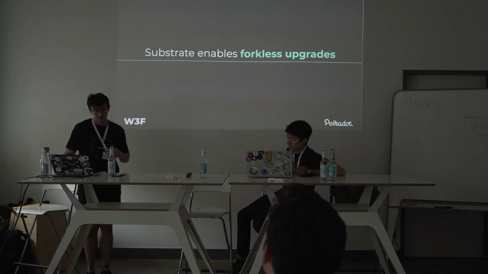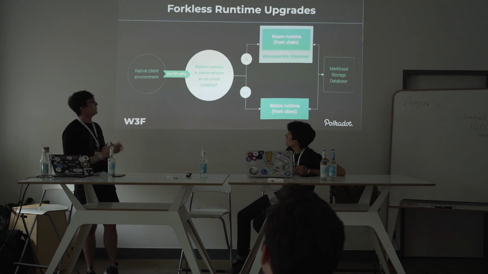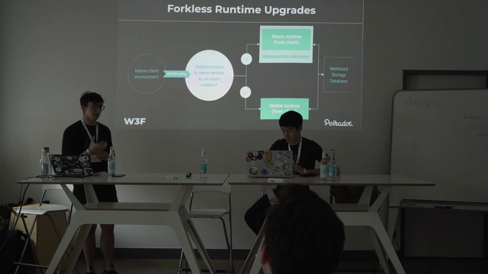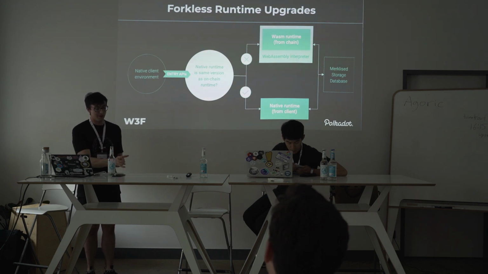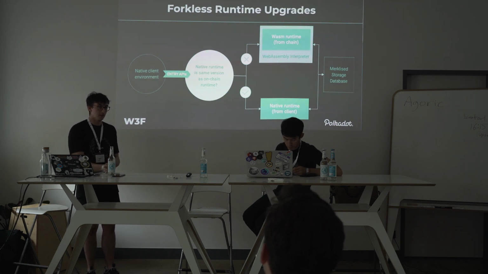One of the major features of Substrate is that it enables forkless upgrades. So since the state transition of the blockchain is this blob of WASM code, the runtime, that the runtime compiles down to, you can basically swap out that WASM blob from one block to the next and completely change the logic that your blockchain is executing.